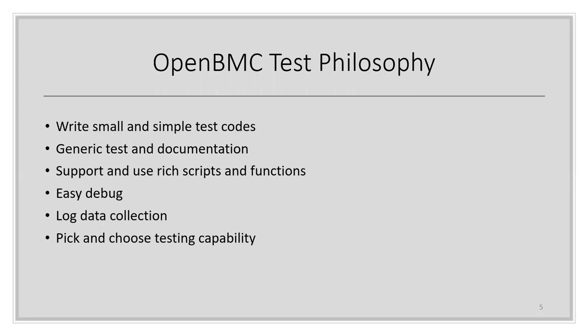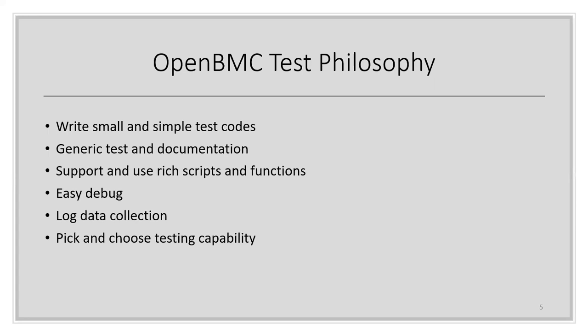At the beginning, our main OpenBMC test philosophy was to write very small, simple test code that is easy to understand, so that it can be debugged, fixed, and understood easily by the community. We were looking for very generic tests and documentation, so that the test itself is self-explanatory and documented for the community.